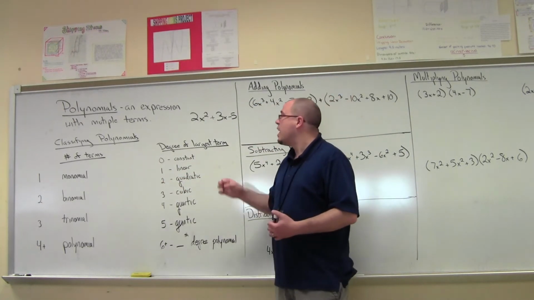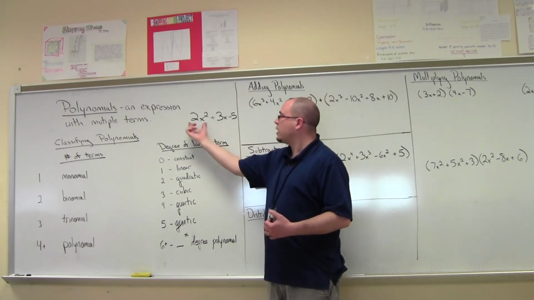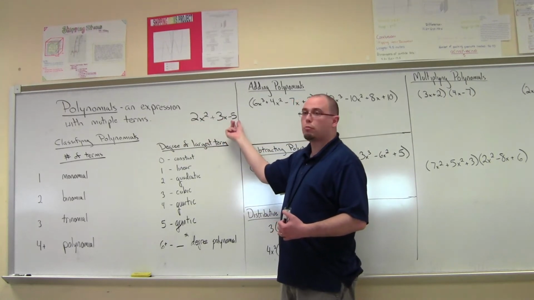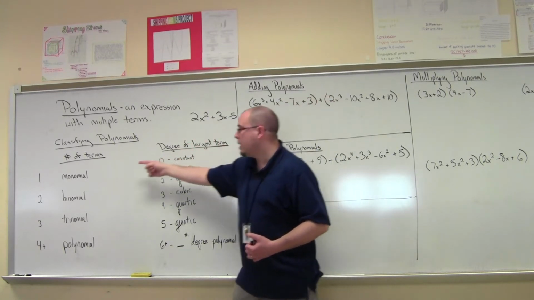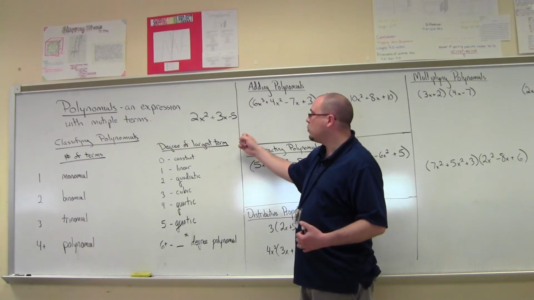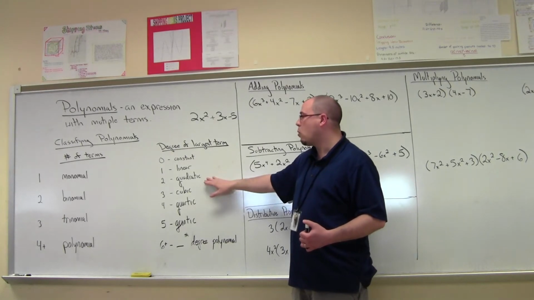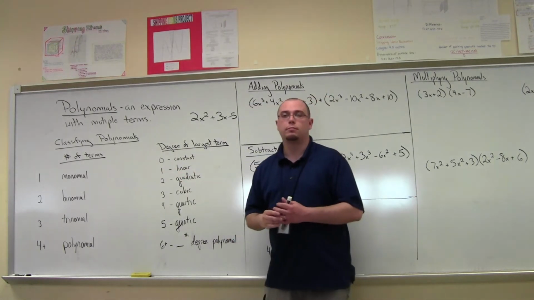So for instance, this polynomial up here, if we wanted to be more specific, it has 1, 2, 3 terms, so that would make it a trinomial. And we also want to look at the largest degree, which in this case is a 2, so that means this would be quadratic. So this would be a quadratic trinomial.